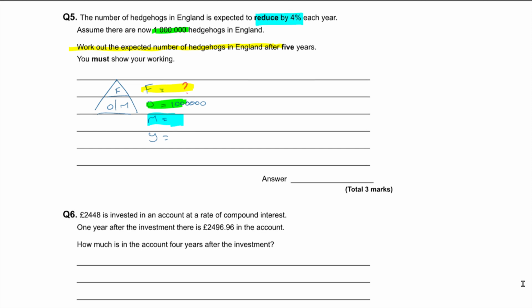So if you've got 100% and you subtract 4%, that's 96%, which as a multiplier is 0.96. Okay, so that's my multiplier. And then finally, the number of years in this case is 5 years, isn't it? Okay, so that's 5. So cross out the thing I want to find. Final equals original times multiplier.